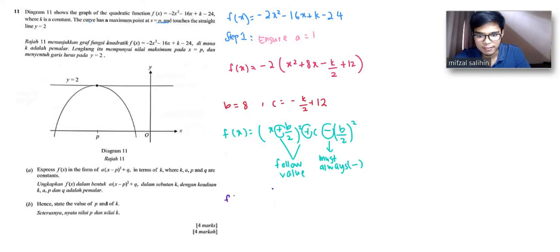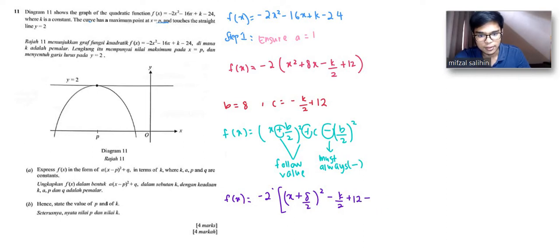Hence, f(x) equals, put our negative 2, and then a big bracket, x. Since our b is positive, we put positive 8 over 2, plus c. Since our c is negative k over 2 plus 12, we just input negative k over 2 plus 12 in this equation.